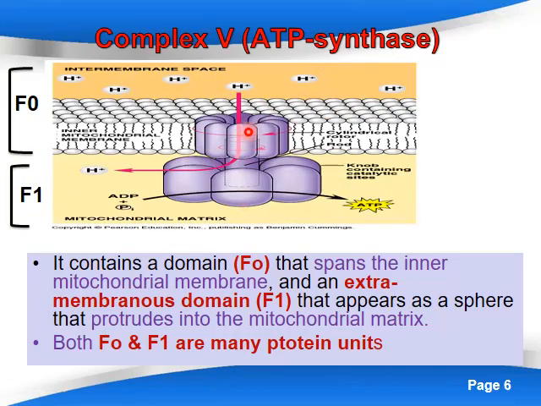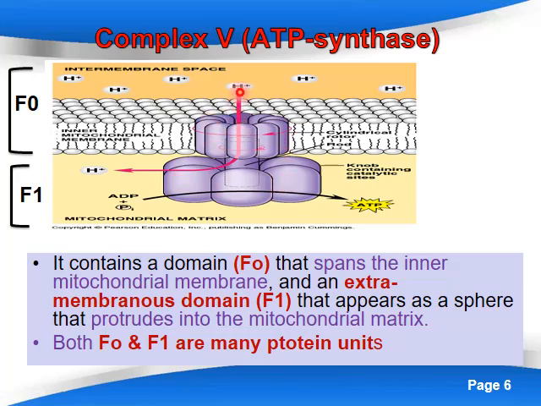It is formed of two parts, F0 and F1. F0 spans the mitochondrial membrane, and the other part, F1, protrudes into the mitochondrial matrix. F0 and F1 contain multiple proteins: alpha, beta, gamma and so on.